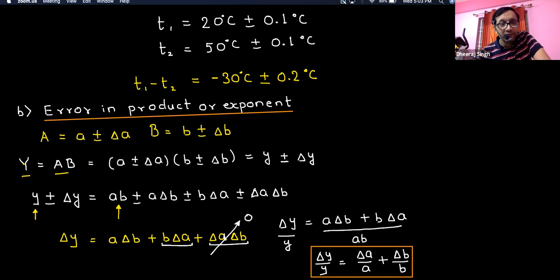Clear to everyone? Is everyone clear? Okay, fine. Now let's take another scenario. For example, if I have y is equal to a square. Now tell me, what is the error?